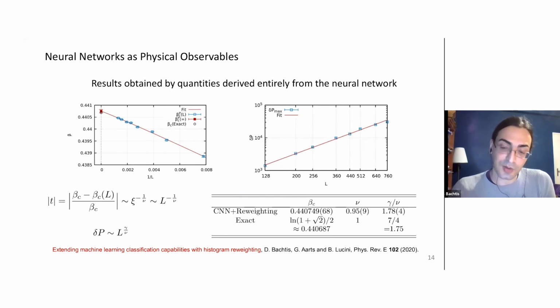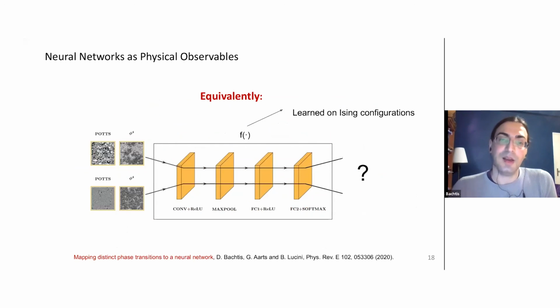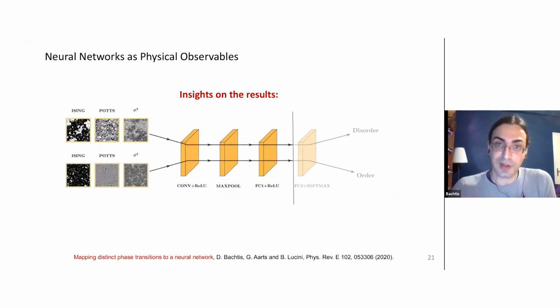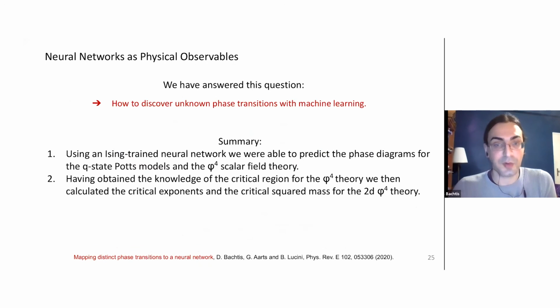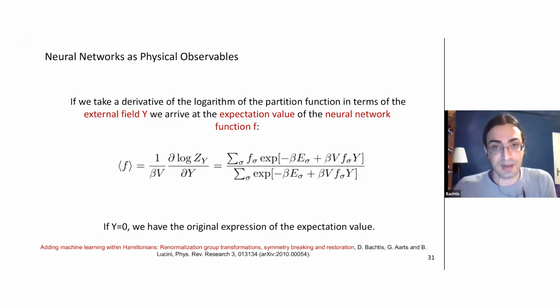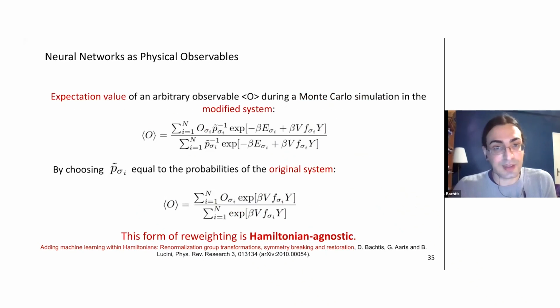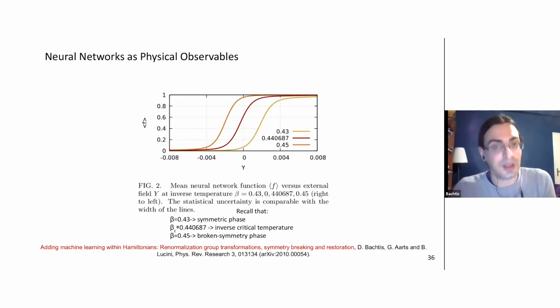However, in the second part of the talk, where we use this observable to do the calculation with the renormalization group, it is not as computationally expensive, because you can get the result on much smaller lattice sizes. So there you don't have the same problem as in the finite size scaling analysis. It's very easy to construct this neural network function on a small lattice size.